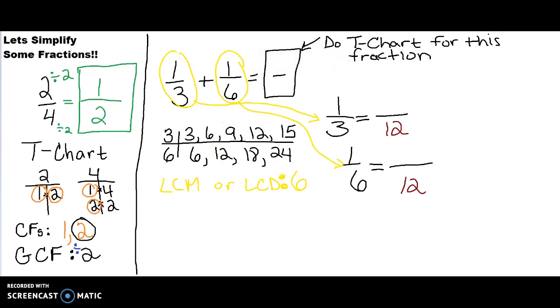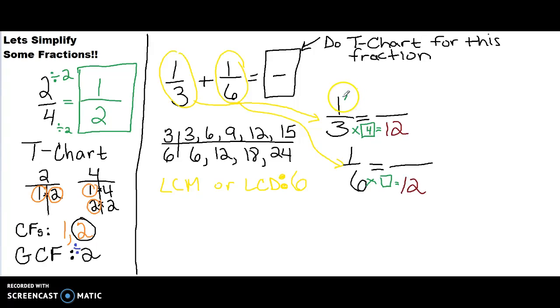Okay, so now we have to see what number we have to multiply by to get our new denominator. If I want to get a 12 here, for 3, I would have to do 3 times 4. So 3 times 4 will give me 12.